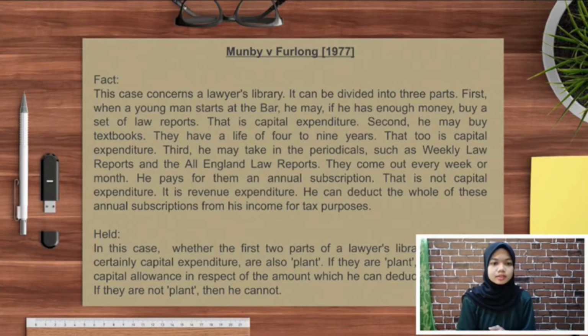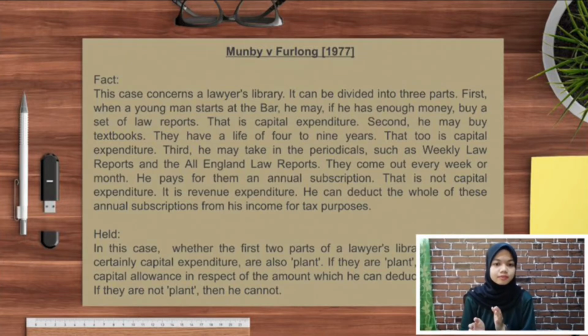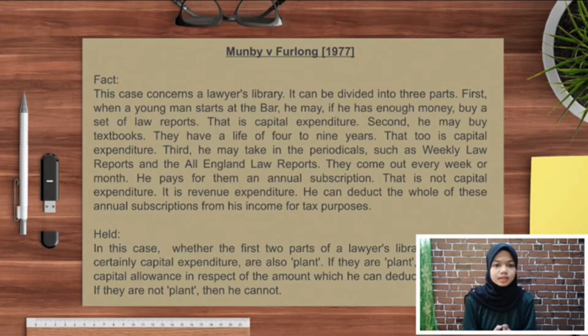So the issue in this case is whether the first 2 parts of the lawyer's library, which are certainly capital expenditure, are also plant. If they are plant, he can get a capital allowance in respect of the amount which he can deduct from his tax. But if it is not a plant, then he cannot claim that.